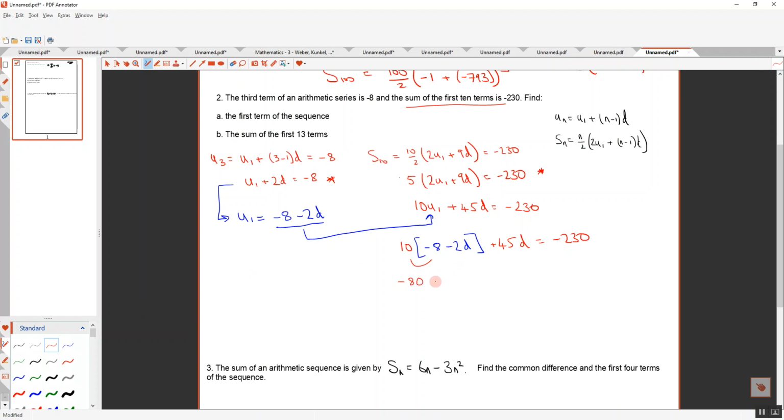So that's negative 80 minus 20d plus 45d is equal to negative 230. And then I'm going to add 80 to both sides. I'm going to combine these two terms. I'll do it in 2 steps.